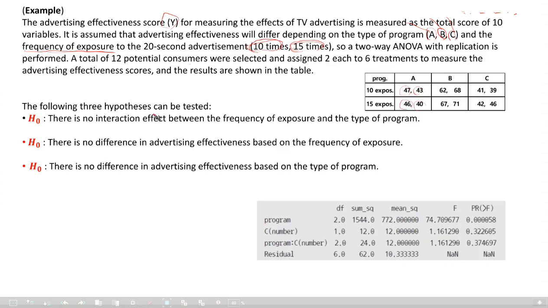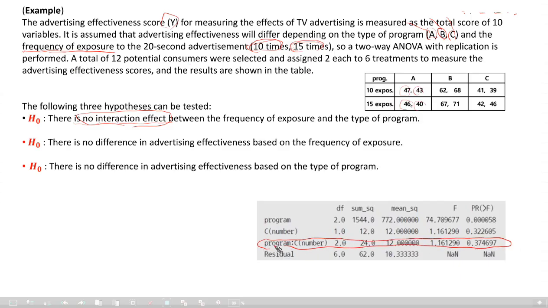The following 3 hypotheses can be tested. There is no interaction effect, or there is interaction effect between the 2 factors, programs and frequency of exposure.